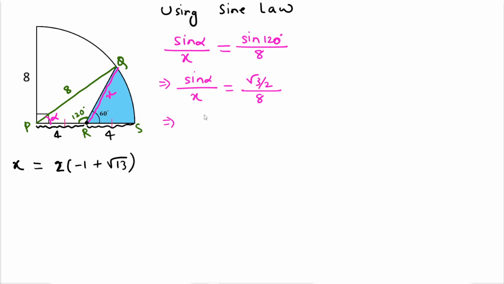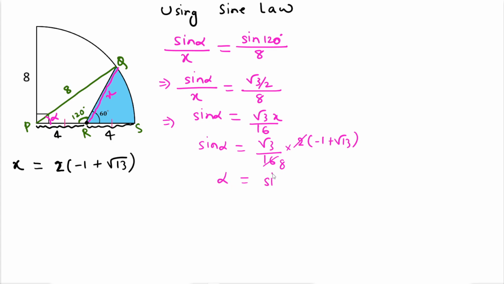So this means we can write sine alpha equal to root 3 by 16x, and we have just calculated the x value, so we will put here in place of x, minus 2 minus 1 plus under root 13, so this will become 8, cancel, and overall if we show, then we can write alpha equal to sine inverse of root 3 by 8 and minus 1 plus under root 30.